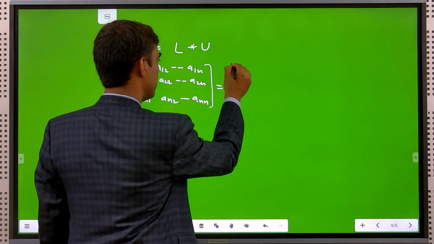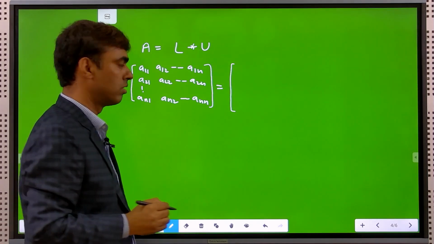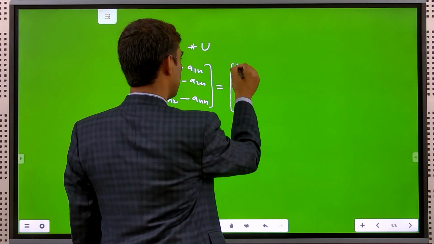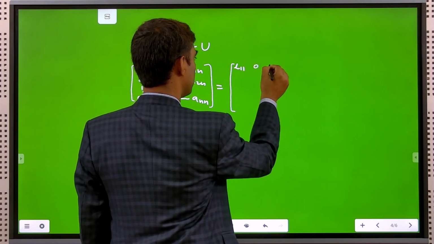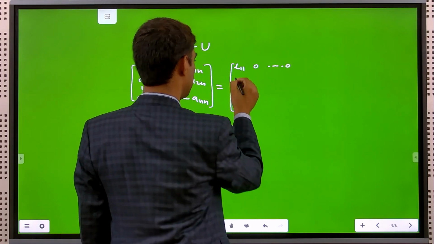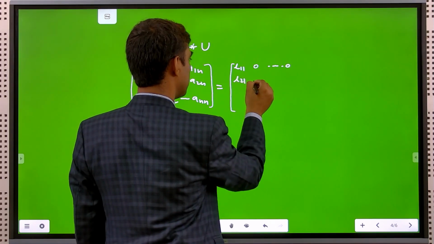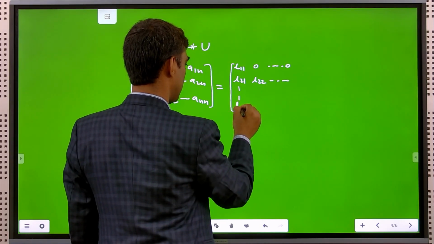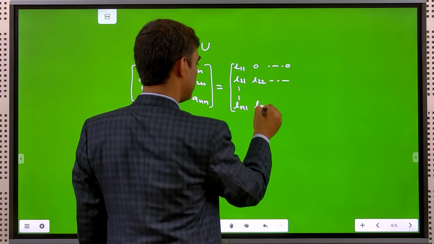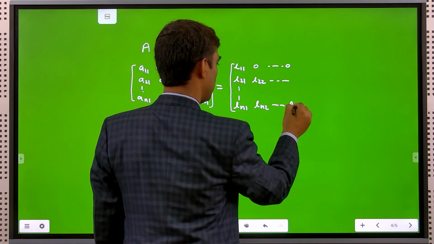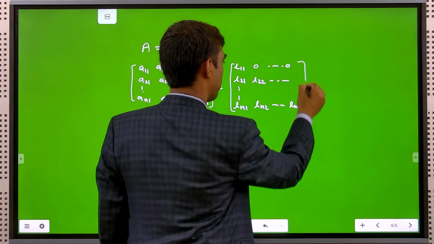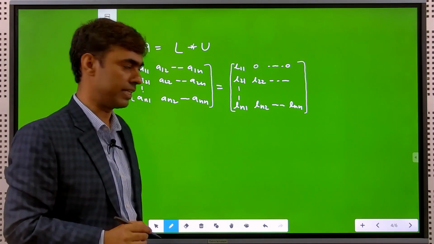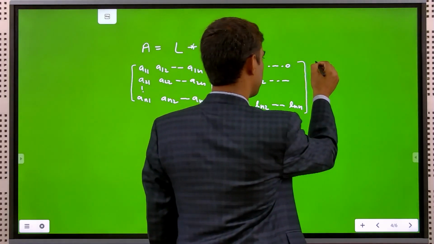Now, this one equals the lower triangular matrix. What is the lower triangular matrix? This one is L11, 0, 0 up to 0, and this one is L21, L22, and the last one is Ln1, Ln2 up to Lnn. This one is a lower triangular matrix. Now, what is the upper triangular matrix?